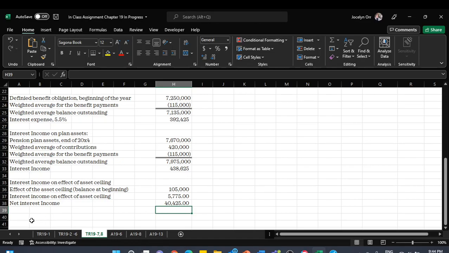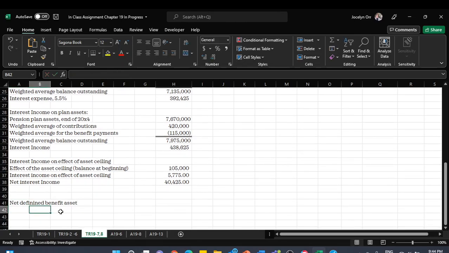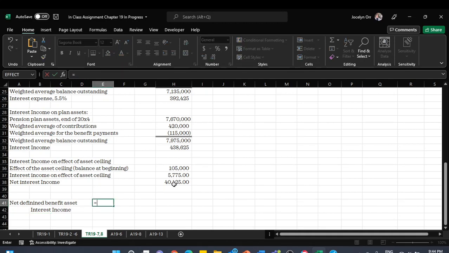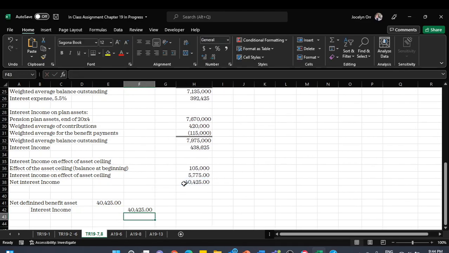So our journal entry, increasing our net defined benefit asset and our interest income, revenue, increase with the credit, for the amount that was just calculated.